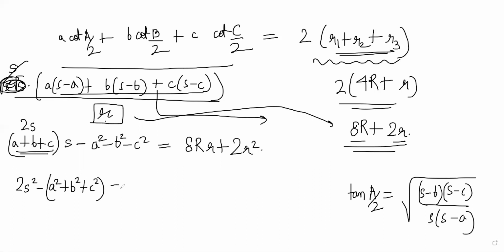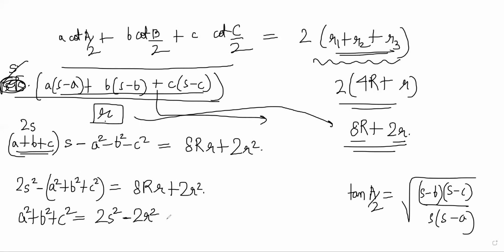So we have to prove that a square plus b square plus c square is equal to 2s square minus 2r square minus 8Rr.